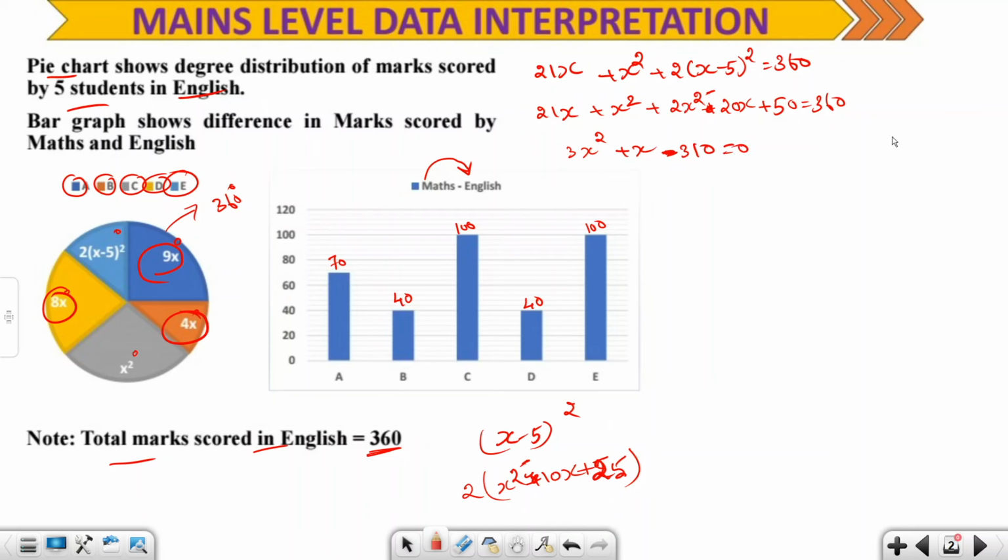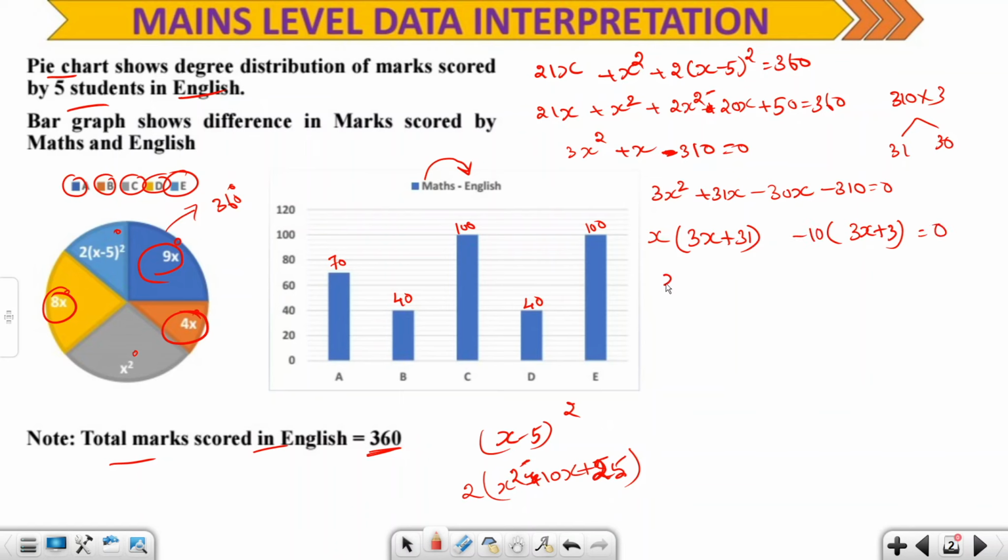Now we need to take the factors. What are the factors? For 310 and 3, we can take 31 and 30. So we can write 3x square plus 31x minus 30x minus 310 equal to 0. From this I take x outside, getting 3x plus 31, and similarly 3x plus 31, and 10 I take out.